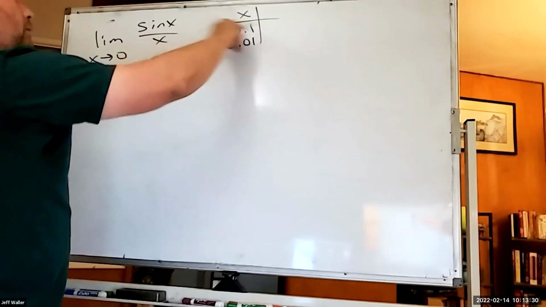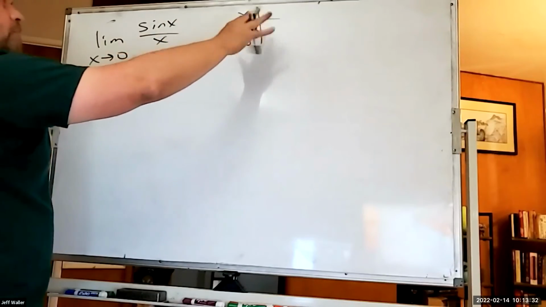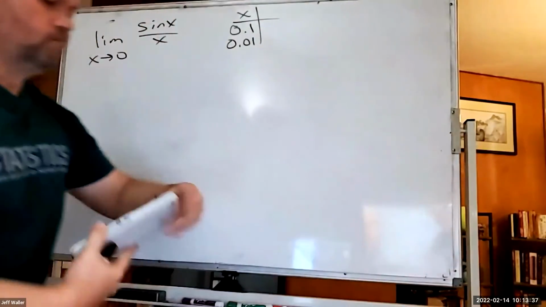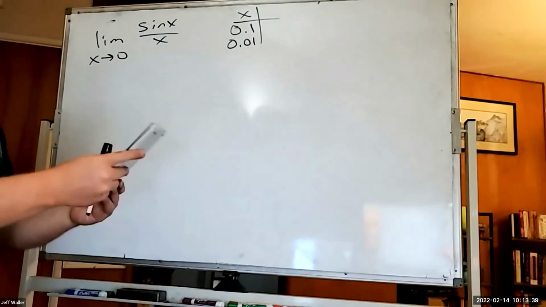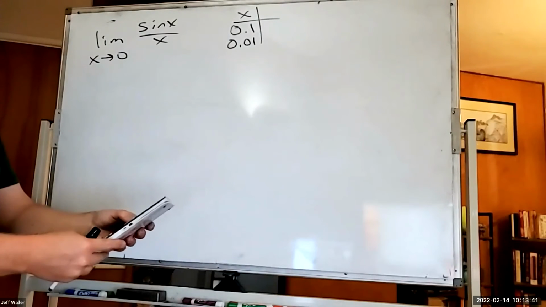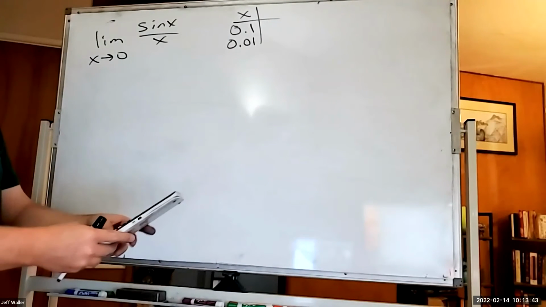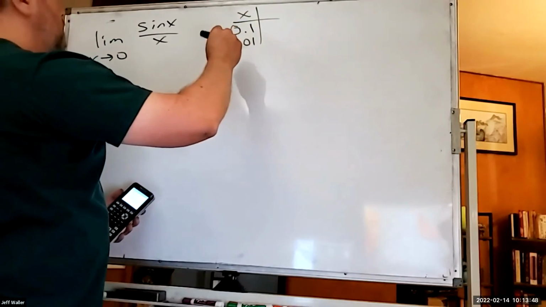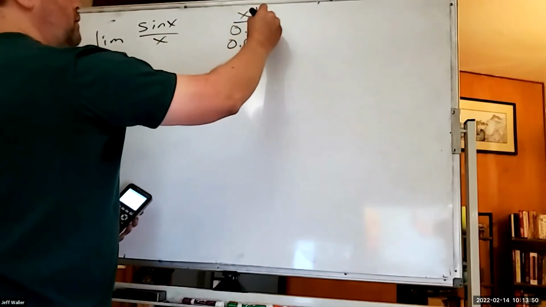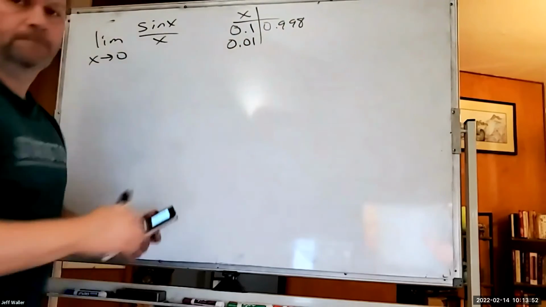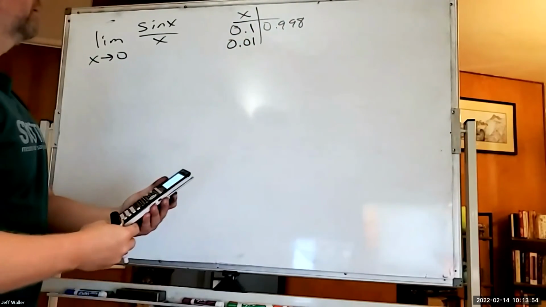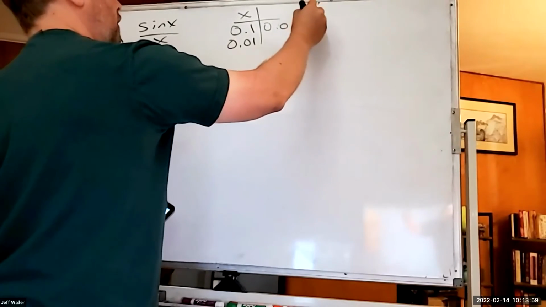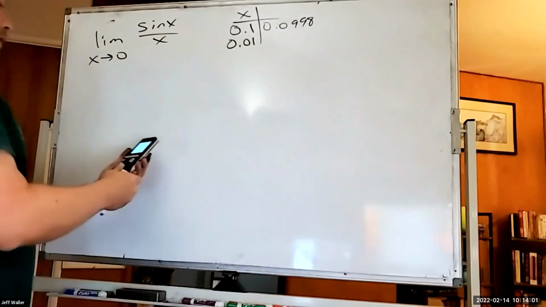Can anybody help me? If you put a 0.1 in, you guys have your calculators right there? Be careful, you gotta be in radians. 0.0998, and then you divide by 0.1, so you get 0.998.